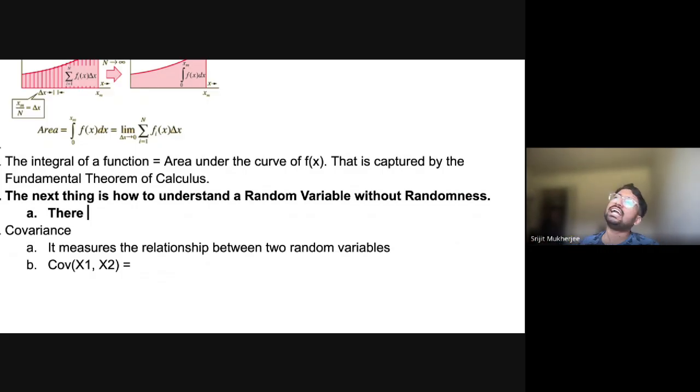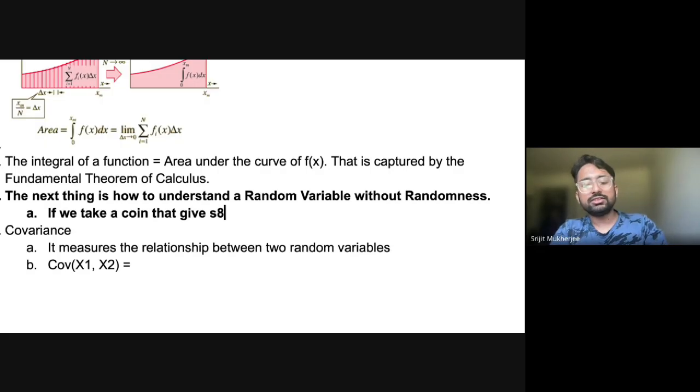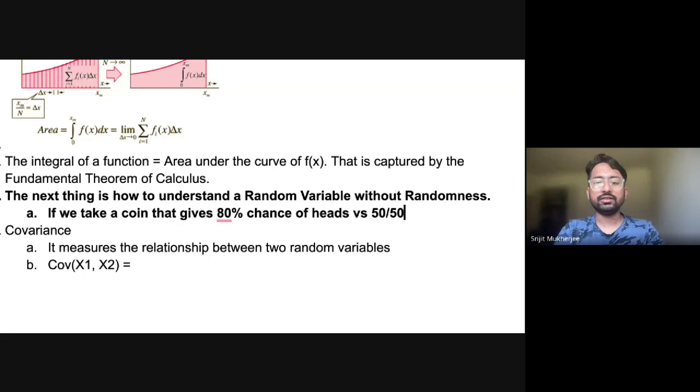For example, a coin with 80% chance of heads and 20% chance of tails versus a coin which is 50-50.